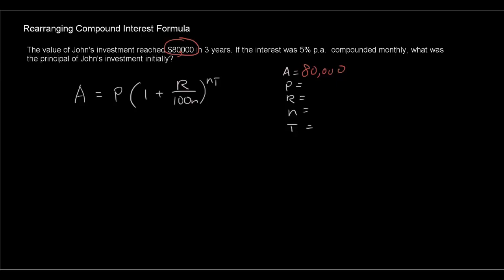Let's use another color here. 3 years is the time. The rate is 5% per annum.